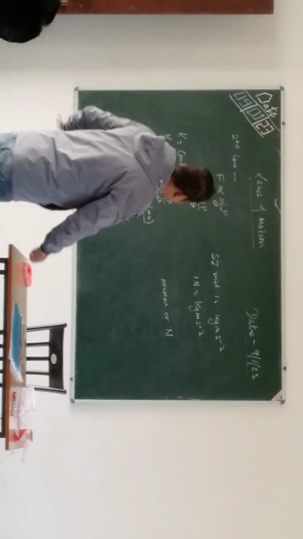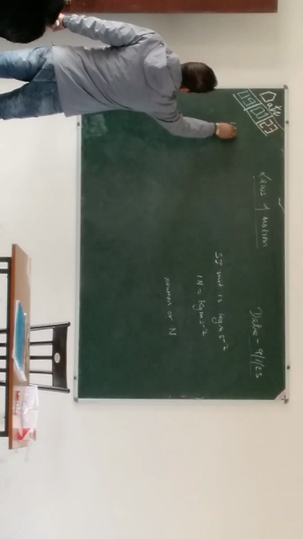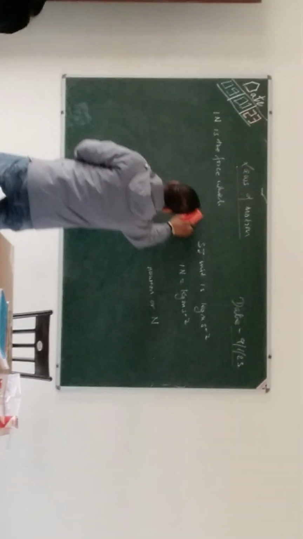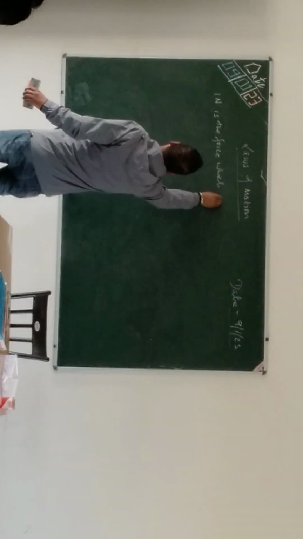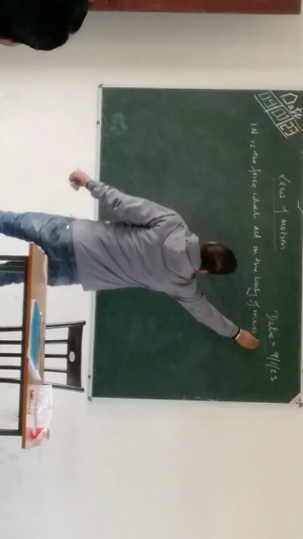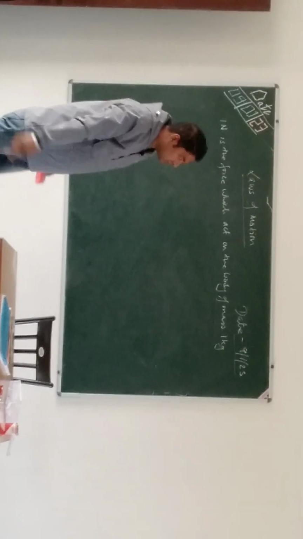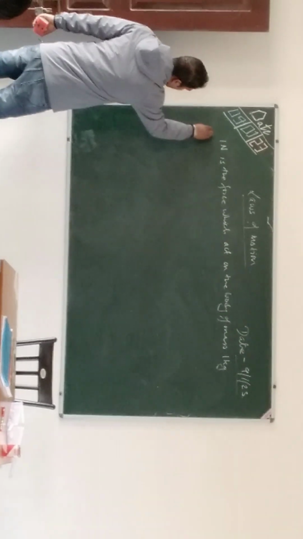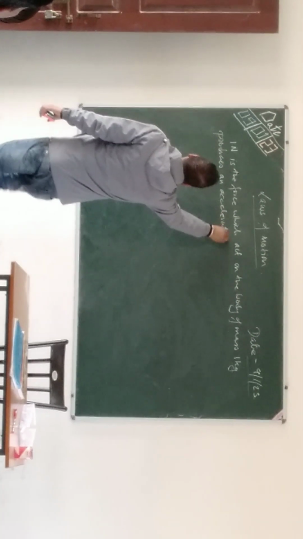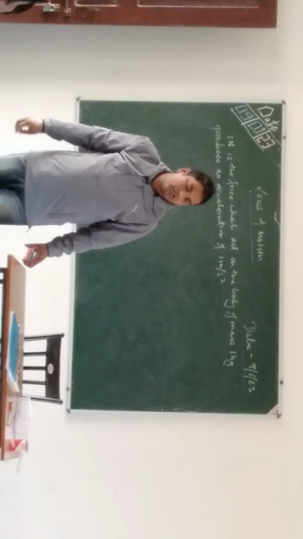Okay, 1 Newton is that force which, acting on a body of mass 1 kg, produces an acceleration of 1 meter per second square. Okay, produces an acceleration of 1 meter per second square.